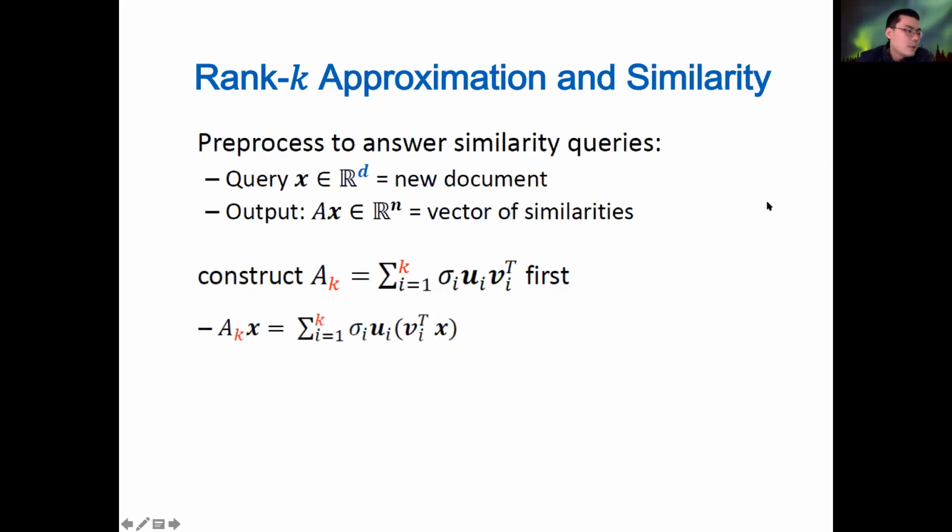Instead of computing AX, I will just compute AkX. This approximates A, it is very close to A. Compared with other rank K matrices, Ak is probably the best if you just consider K dimensions. So let's put this here, times X, and see what it will give us.